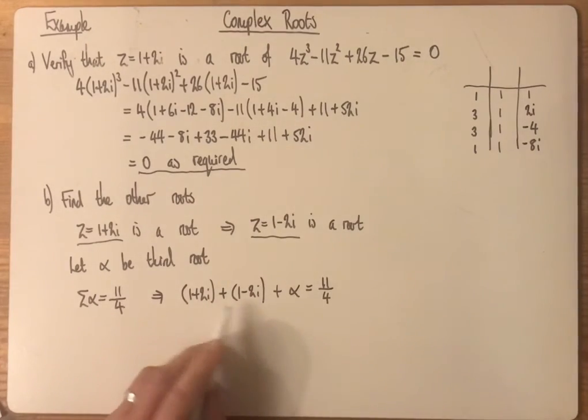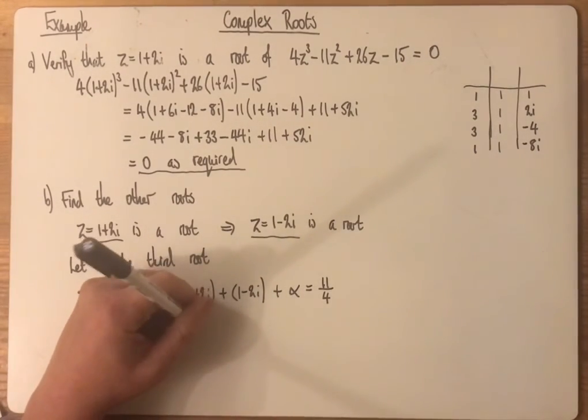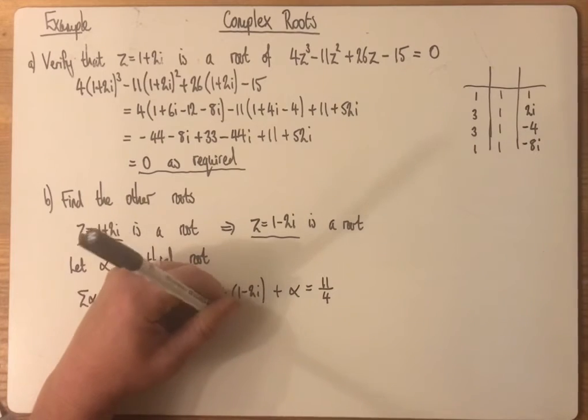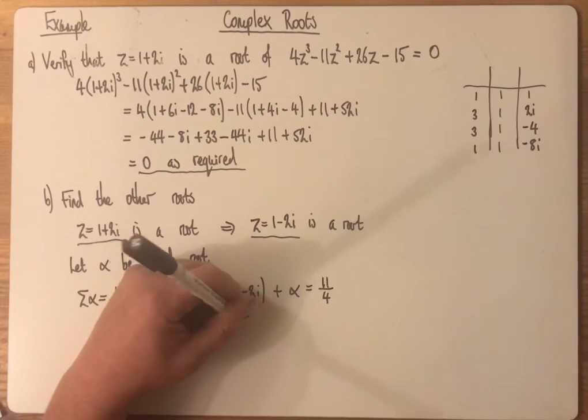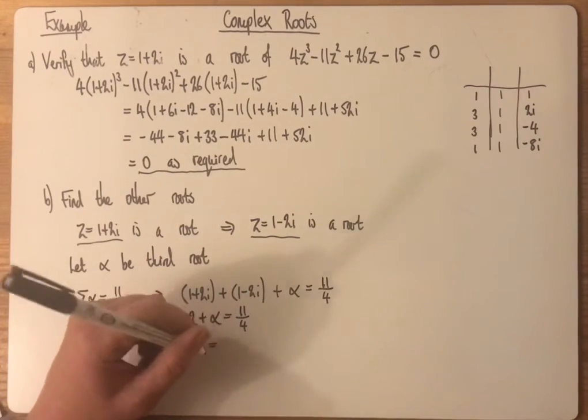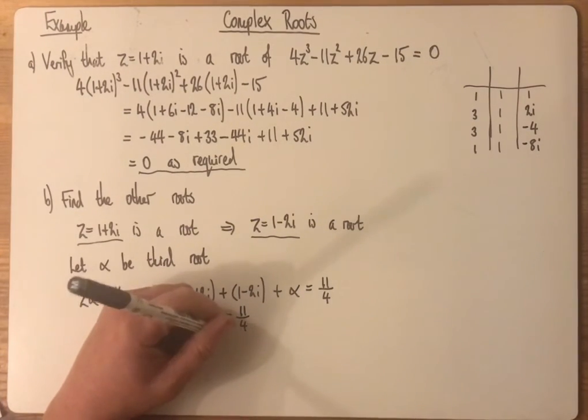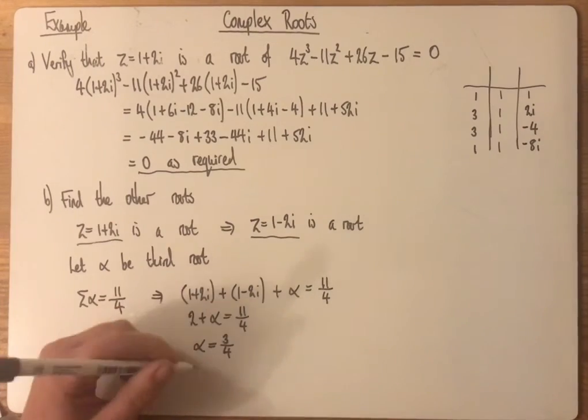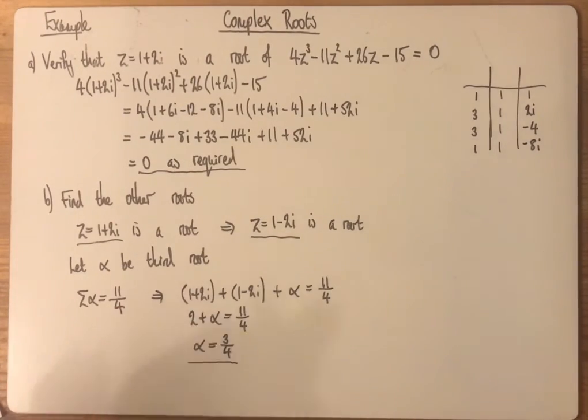Imaginary parts cancel off. And then subtracting 2 alpha is equal to 3/4. So that's all 3 roots.